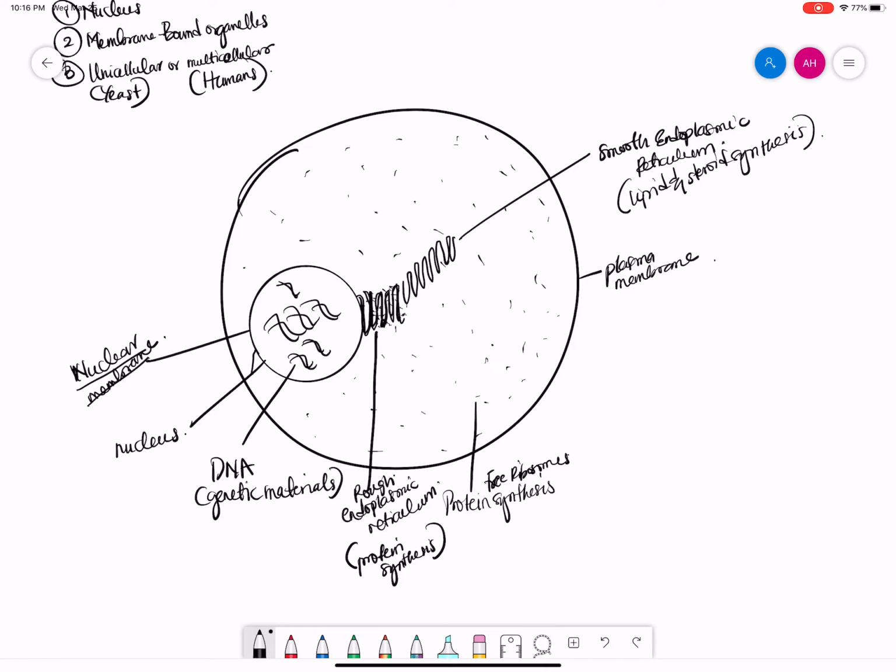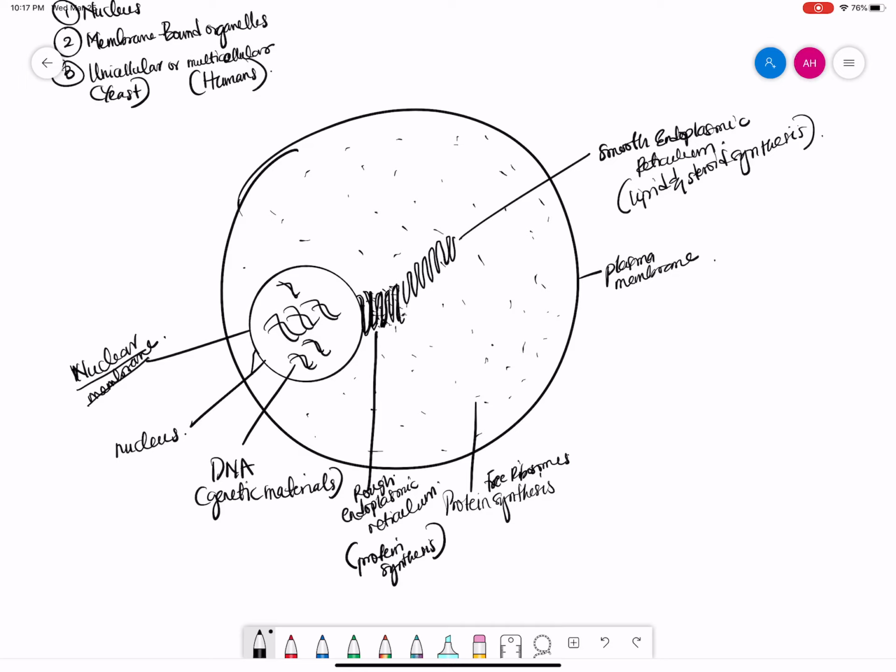So organs that need to synthesize steroids, like the ovaries that synthesize estrogen, or the testes that synthesize testosterone, will have high activity of the smooth endoplasmic reticulum.